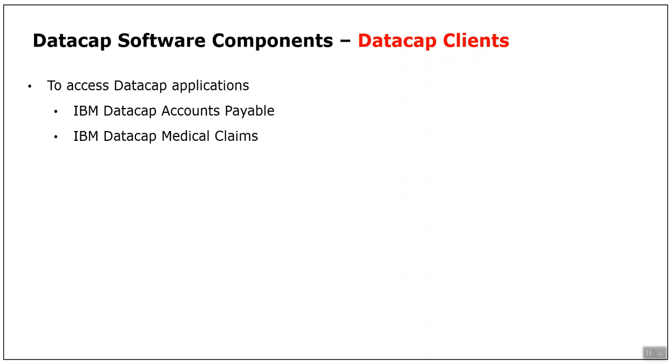In the case of IBM Datacap Accounts Payable, as the name suggests, the solution is used for automating the process of capturing invoices. This AP solution uses OCR, optical character recognition.